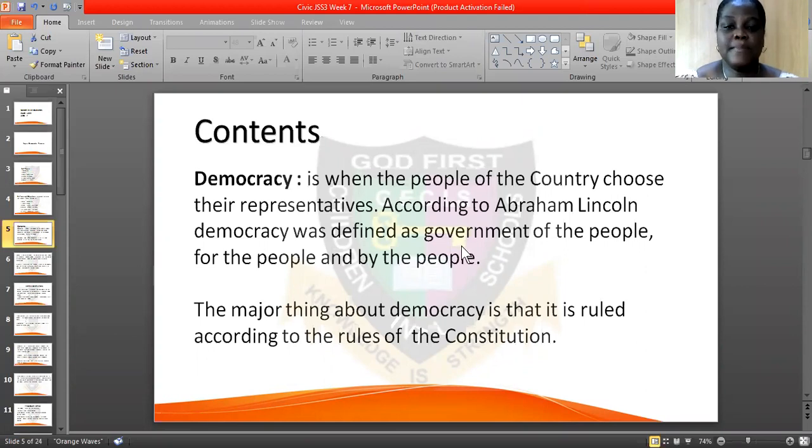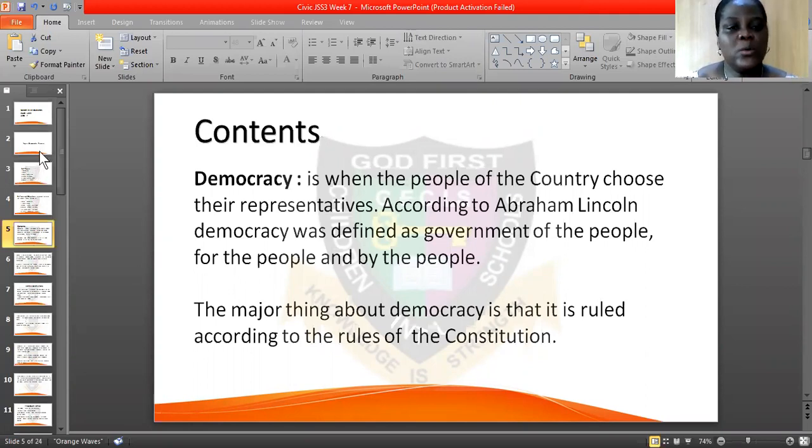People are the ones participating in governance, and at the same time, they are the ones to be ruled. And there is one major thing about democracy. It is being ruled according to the rules of the Constitution. It is not an autocratic way of doing things. And that is democracy.